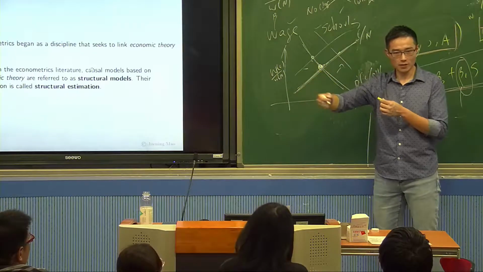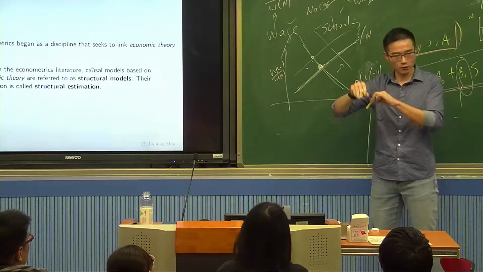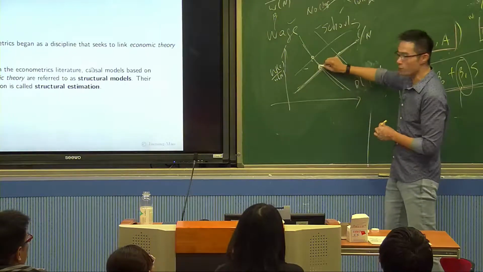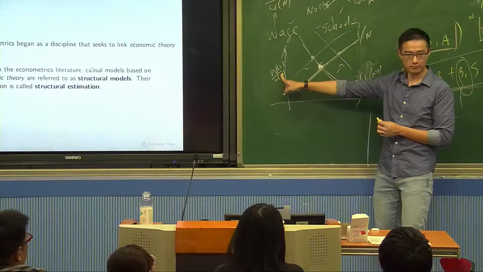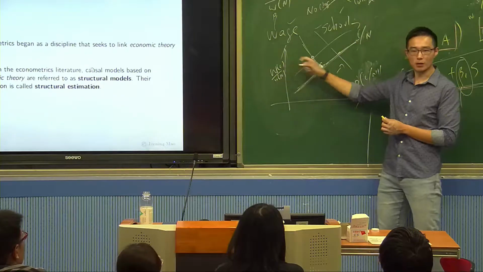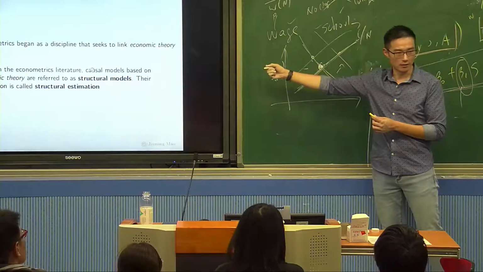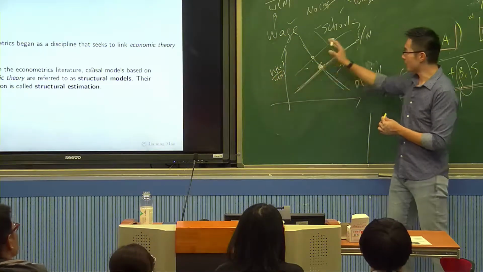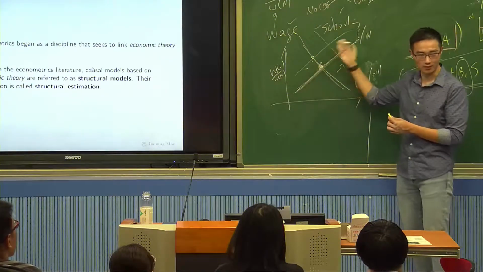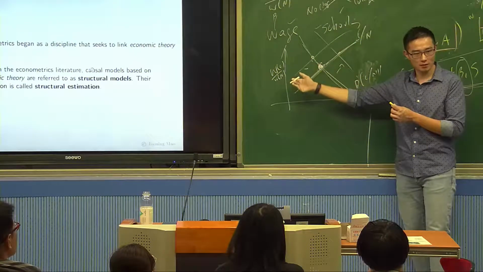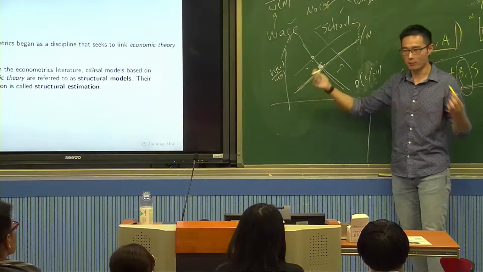In other words, they try to fit the model such that it will produce the wage that we observe. The model will fit the demand curve and the supply curve, and once you do that, you basically have the entire labor market model, and you can use this estimated model to do any kind of prediction.